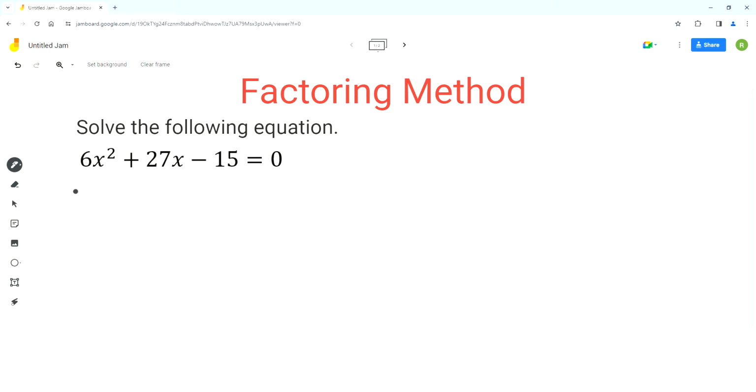So our first step is, 3 is our common factor, and in parentheses we write 2x squared because 6 divided by 3 is 2. Then we do 27 divided by 3, which is 9x, and then we do 15 divided by 3, which is 5.